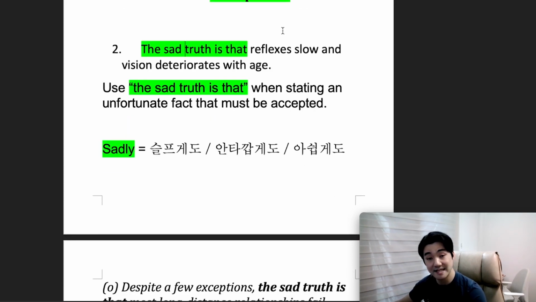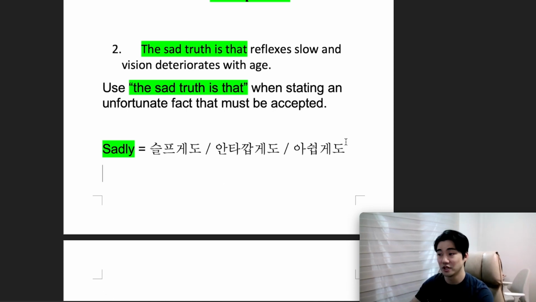So example, you can say, sadly, reflexes slow and vision deteriorates with age. The sad truth is that reflexes slow and vision deteriorates with age. It's the same meaning, the exact same meaning. You can also say unfortunately as well. Unfortunately is a similar way of using this expression.